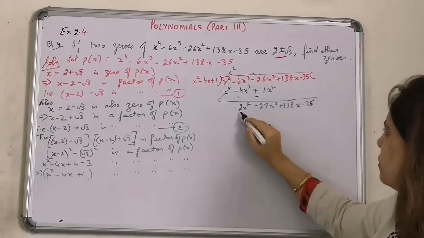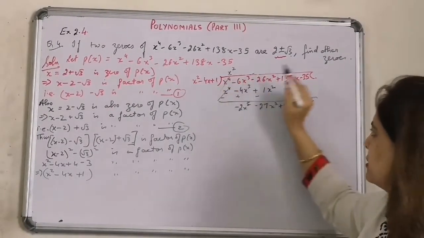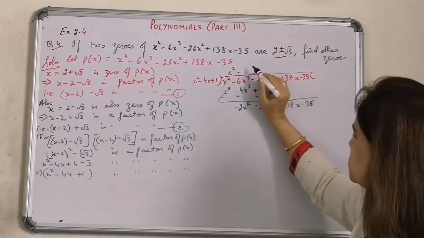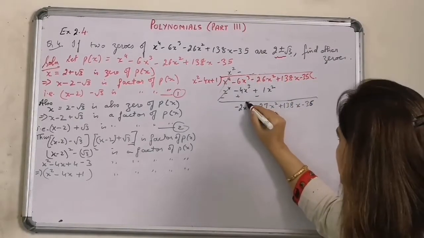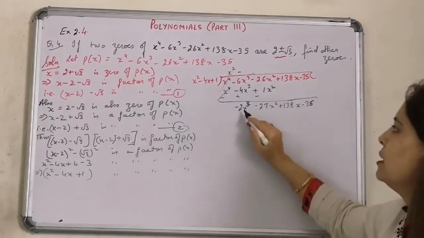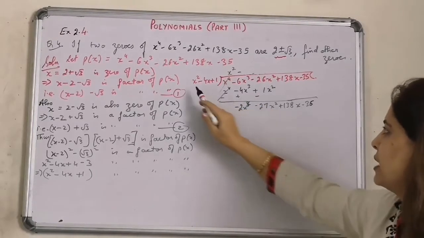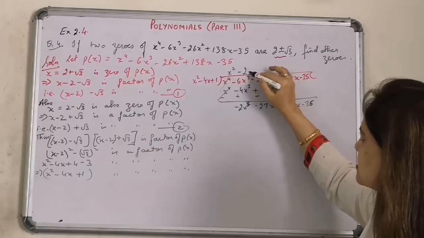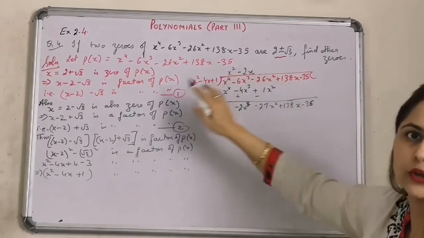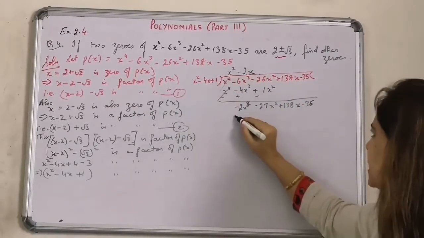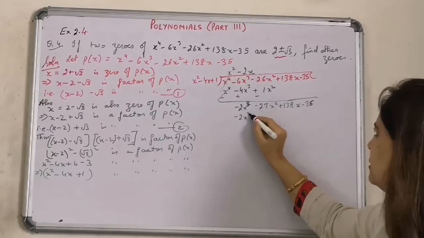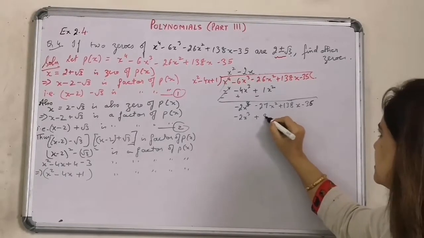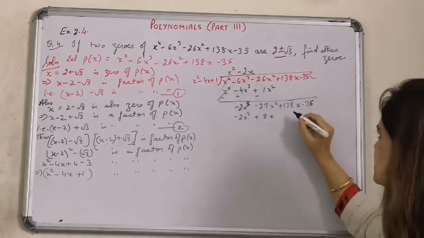So now minus 2 into x power 3 divided by x square is minus 2x. So now minus 2x is going to multiply with each term of the divisor. We get minus 2 into x power 3 plus 8x minus 2x.